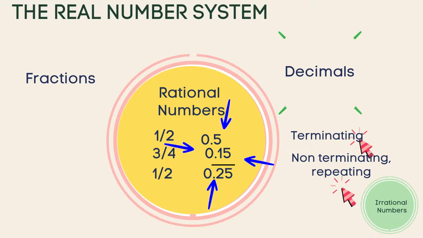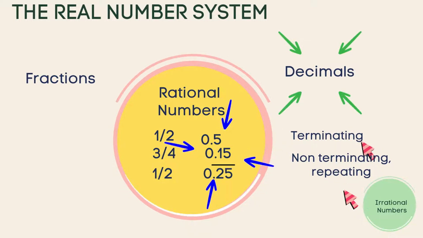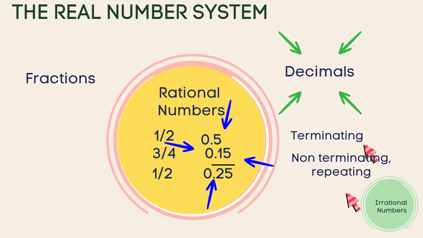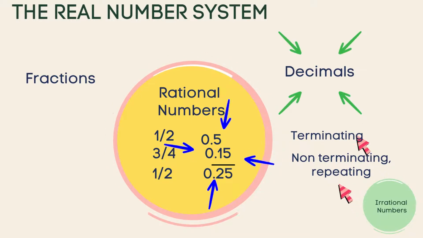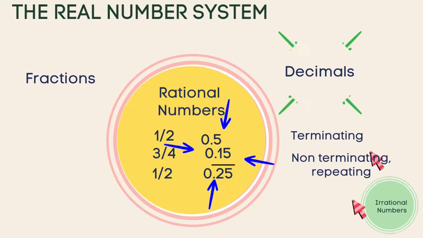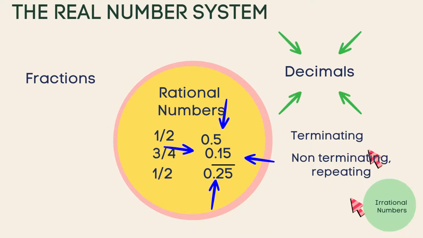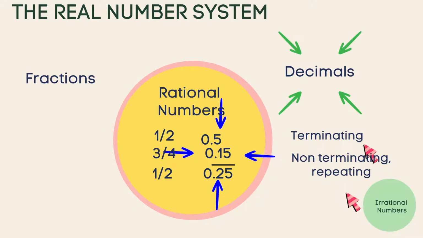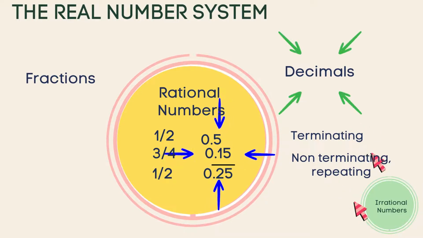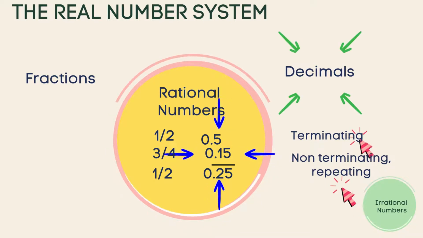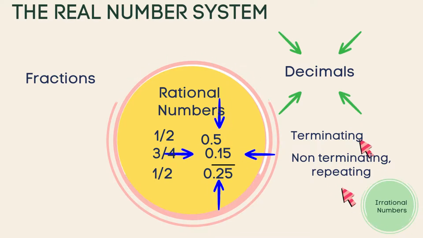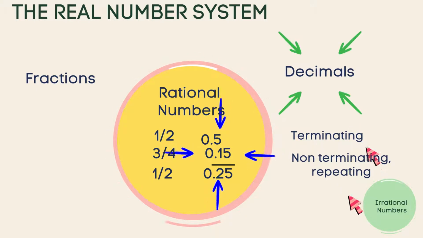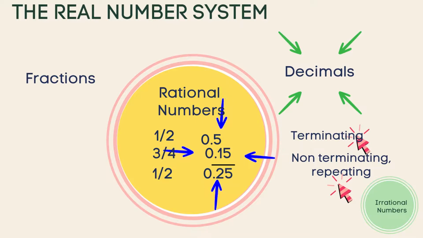But please do take note that not all decimals are considered to be rational numbers. It doesn't mean that if you have seen a decimal point, it is automatically a rational number. Decimals under rational numbers are the decimals that are terminating or with an end. Examples of terminating decimals are 0.5 and 0.15.